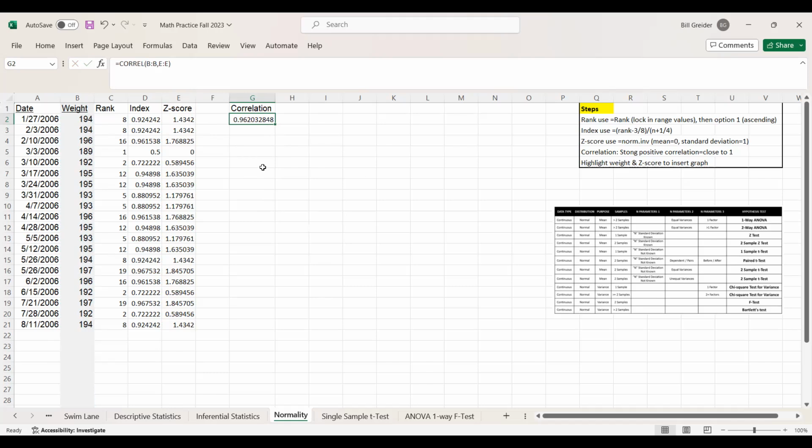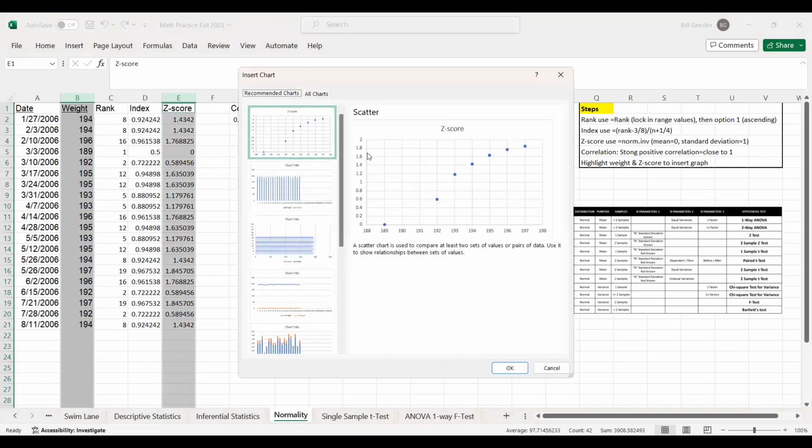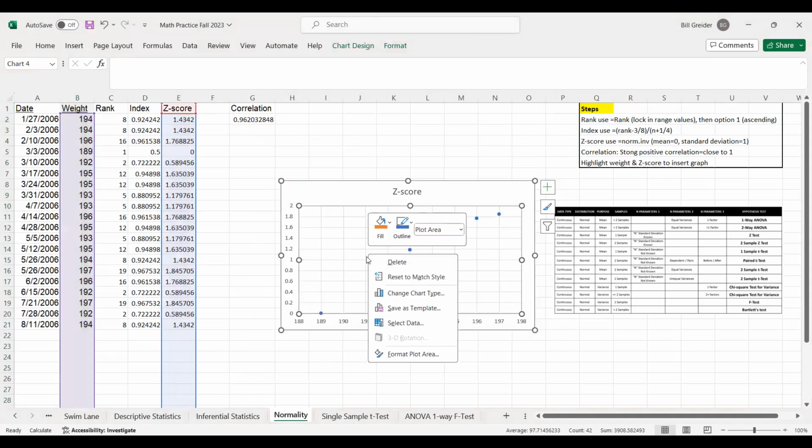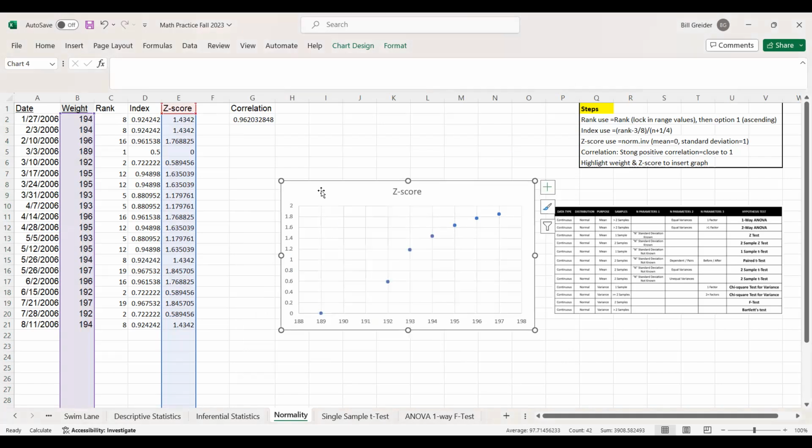And now I can graph it just by grabbing the weight and the z-score. And I can insert a chart. Looks good. And put a trend line on it.